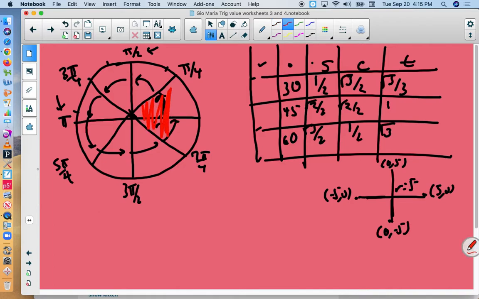And so all of these that don't reduce give you 45 degree angles, pi over 4s. So with 45 degrees, you have pi over 4. You can go ahead and put that in your table.